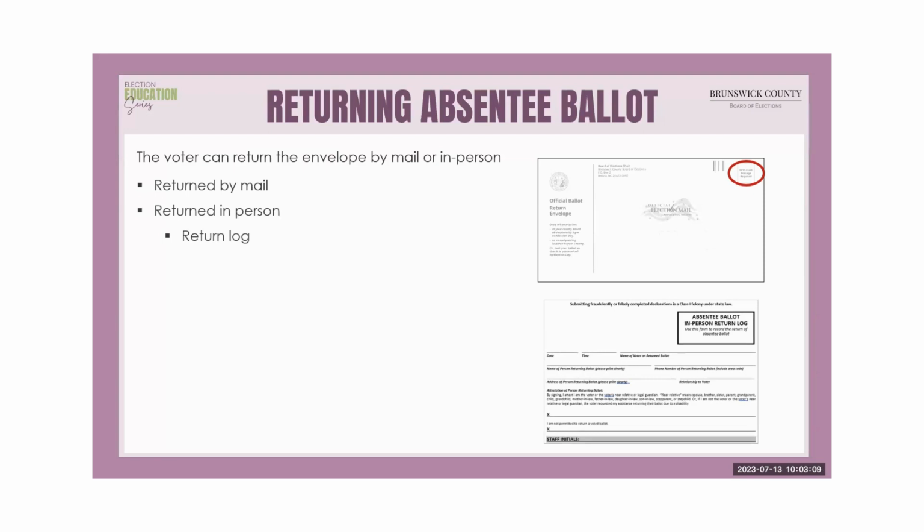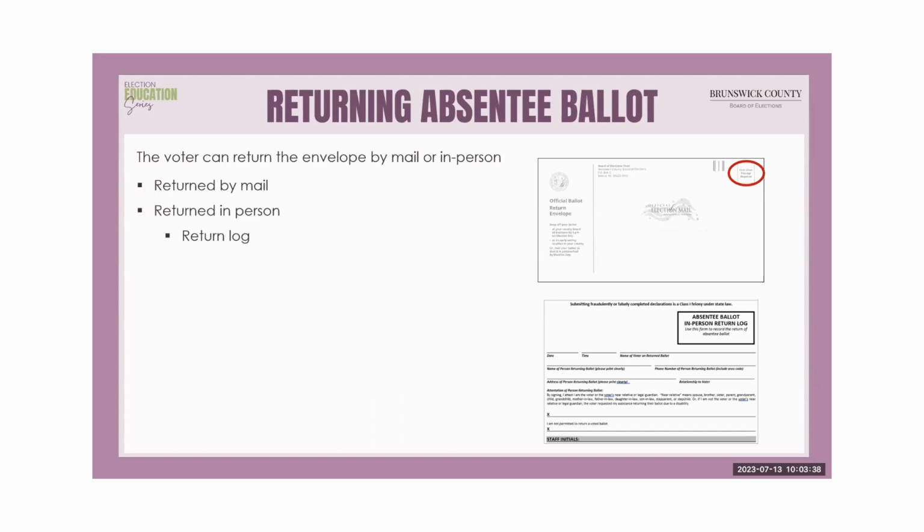Per state requirements, those eligible to return a completed absentee ballot besides the voter are a legal guardian or a near relative. Near relative is defined by spouse, sibling, child, parent, grandparent, grandchild, mother or father-in-law, son or daughter-in-law, step-parent or stepchild.